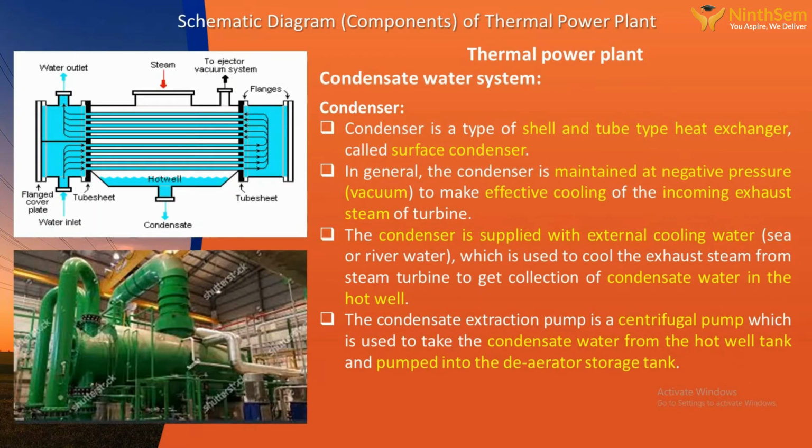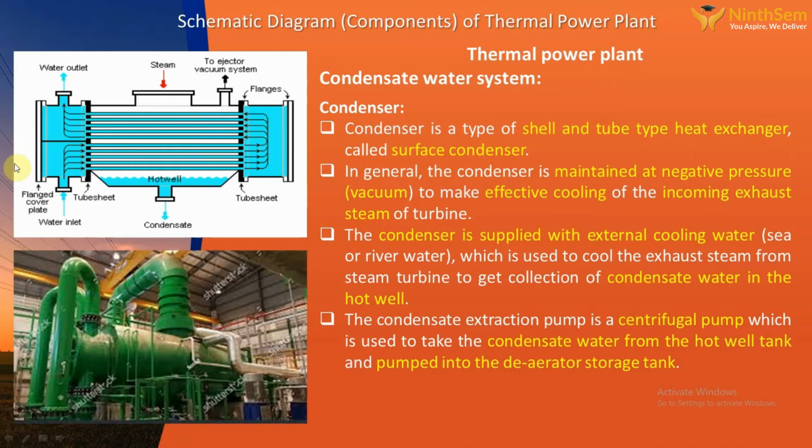So coming to the next one, it's the condenser. The condenser is a main element in the thermal power plant. You can see that the condenser is one of the heat exchangers. It's a tube and shell type heat exchanger. On the tube side, external cooling water is circulating.